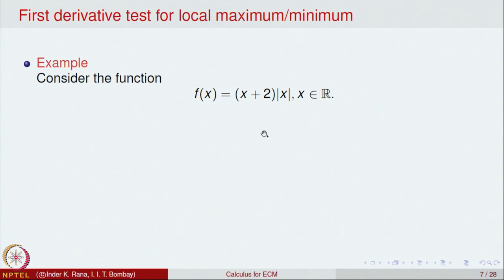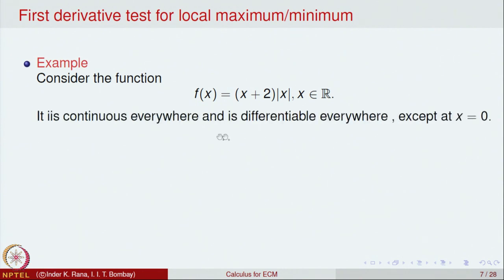Let us look at the differentiability of this function. It is differentiable everywhere except at the point 0. If x is not equal to 0, this function is x plus 2 into x if x is positive, and x plus 2 into minus x if x is negative. And at the point 0, we know mod x is not differentiable.